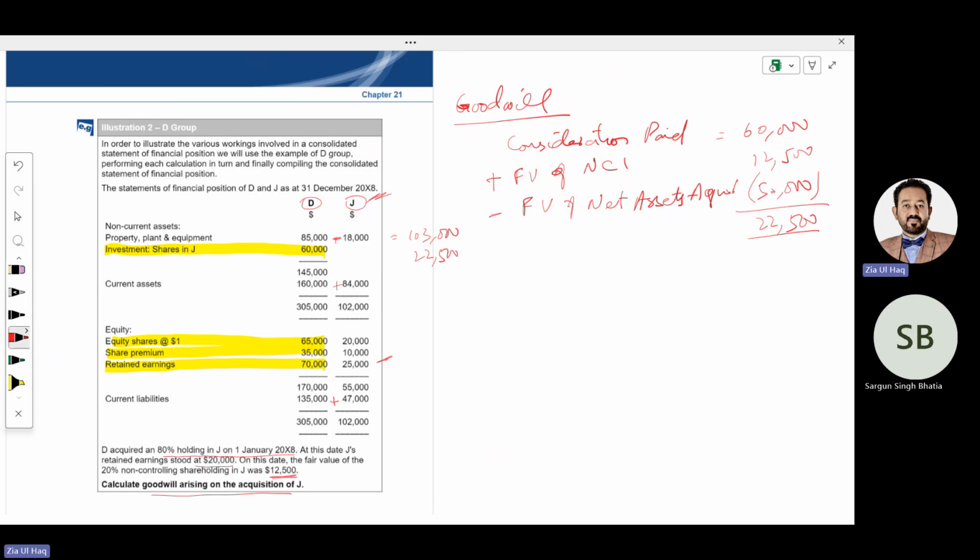Current assets will be added together to 44,000, and the total will be 369,500. Share capital, we will record only the parent company, 65,000. Share premium, only the parent company, 350,000. Retained earnings we need to calculate now.